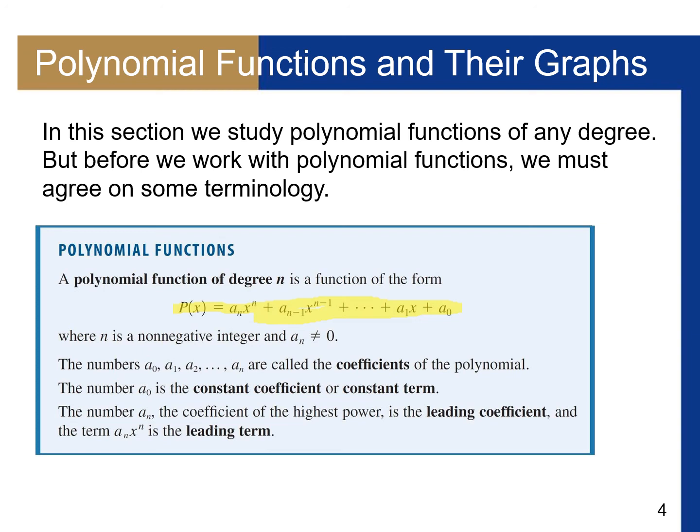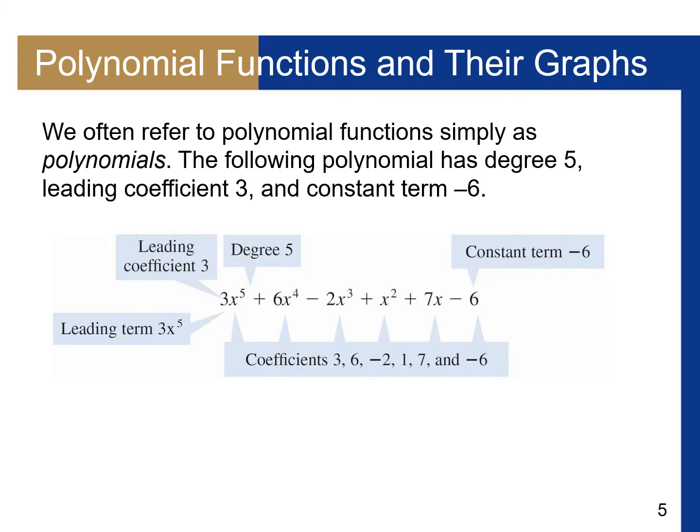And the leading coefficient would be the coefficient that is with the exponent of the highest degree. Lots of stuff here again. So this is the leading coefficient. This is something that would be good to put on a 3x5 card. The degree of the polynomial is the highest exponent, which is 5 here.